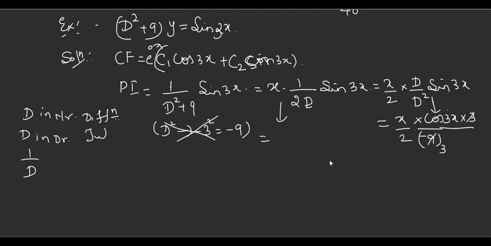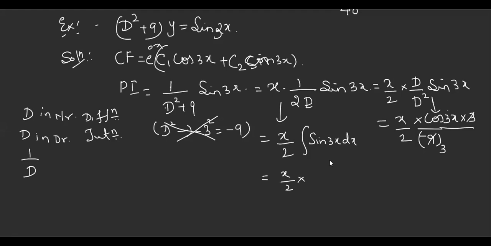So do remember, if you have only D alone in the denominator, treat it as an integral operator. So I can write x by 2. Listen carefully. 1 by D means I can write it as the integration of sin 3x with respect to x. Clear? You can apply it like this.